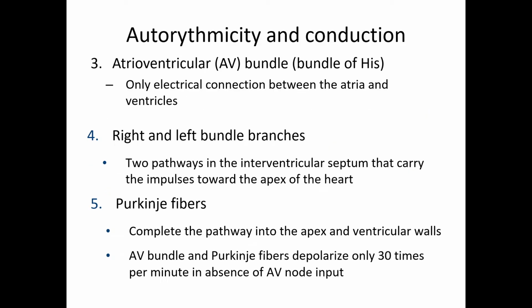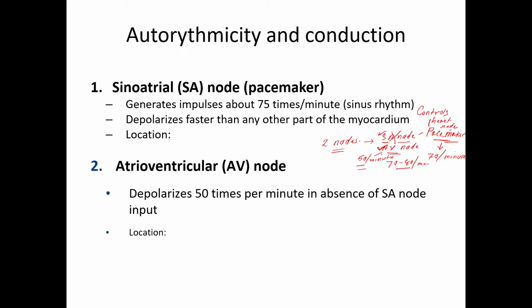So those are the two nodes, and there are also other structures. Those are actually bundles of fibers, so fibrous structures. So two nodes and fibers, those are the structures of the conductive system.